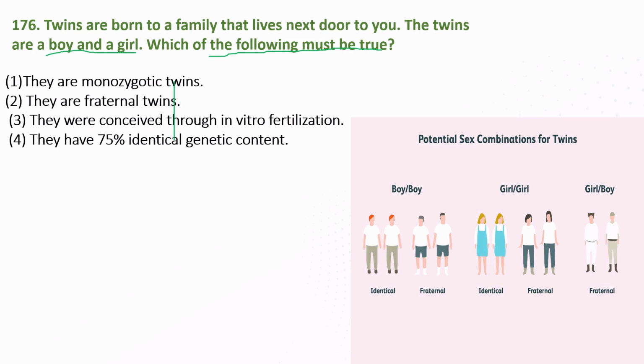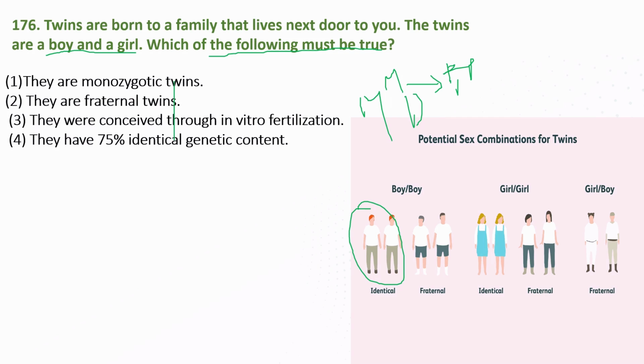Normally we know that there are many types of twins, like identical twins and fraternal twins, and in that also monozygotic twins and dizygotic twins. Monozygotic twins have the same zygote, meaning either two females or two males, and these are identical.